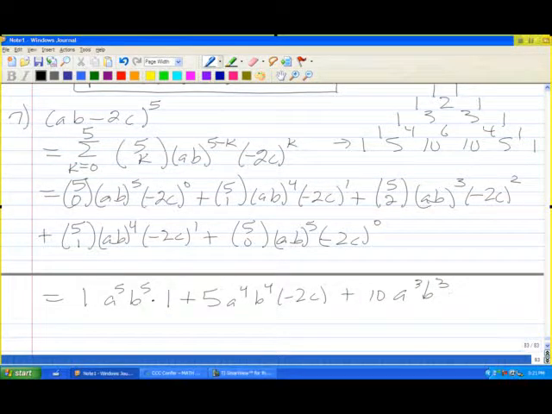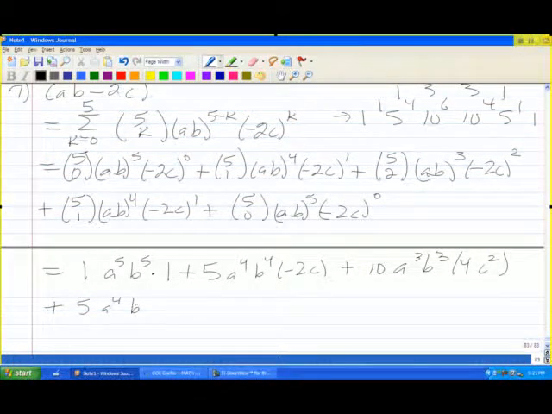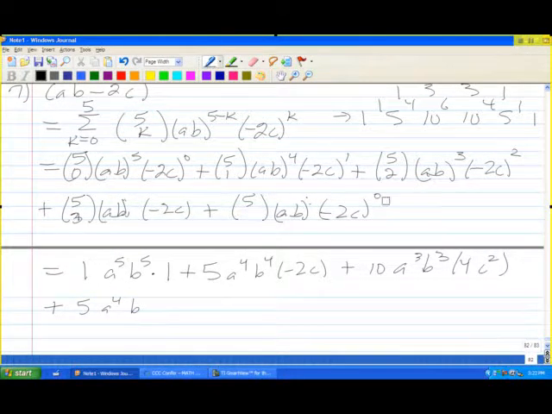Negative 2 squared is 4. C squared is C squared. Plus 5C1 was 5. A to the 4. What the heck? 4, 3, 2, 1. 0, 1, 2, 3.